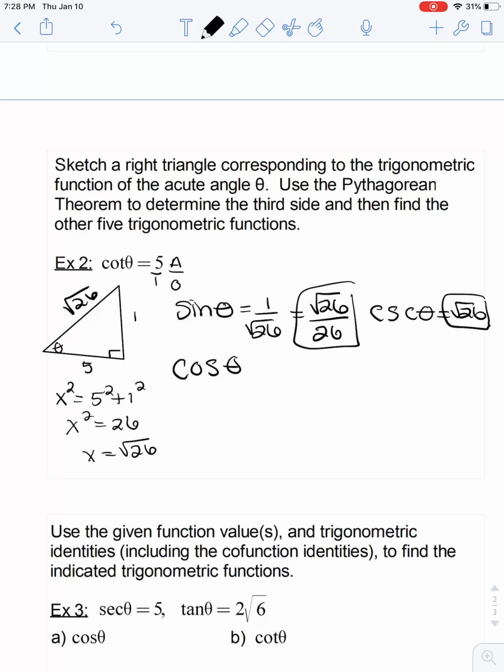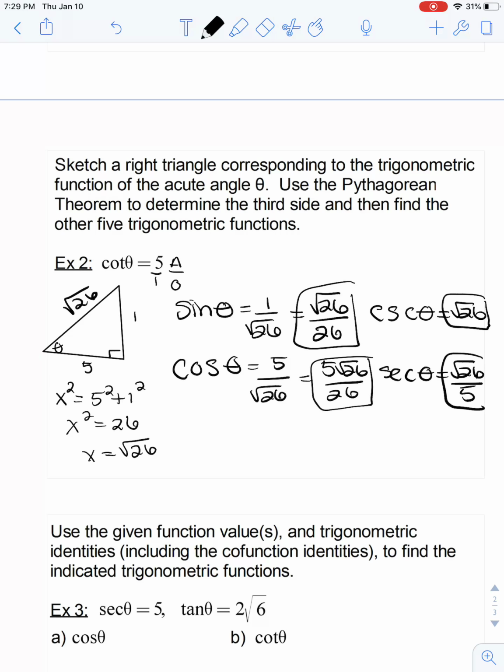Cosine of theta is going to equal 5, the adjacent side, over the square root of 26, the hypotenuse. So this is going to equal 5 square root 26 over 26 after I rationalize. And then secant of theta would be its reciprocal, so that would just be the square root of 26 over 5. Tangent, opposite over adjacent, so that would be 1/5.